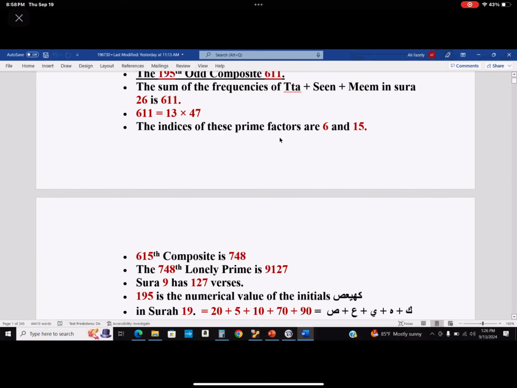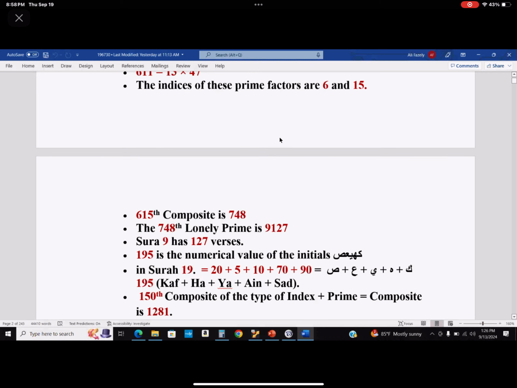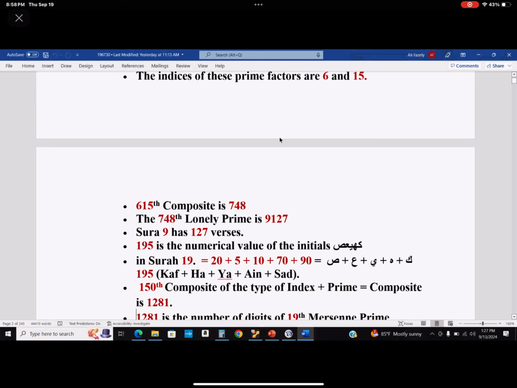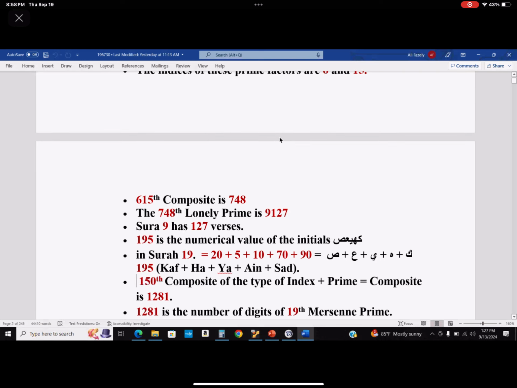We come down here and we notice also that the 150th composite of the type index plus prime plus index is, did I miss something here? I think I did. By the way, the 150th composite happens to be 195. That's why 150 is important here.